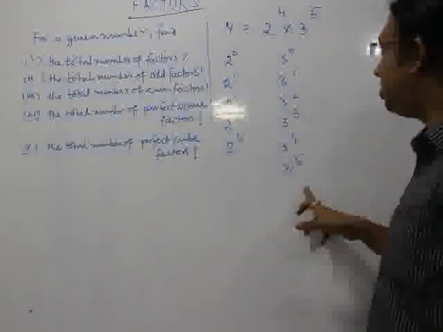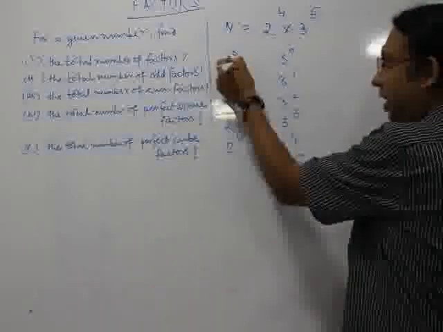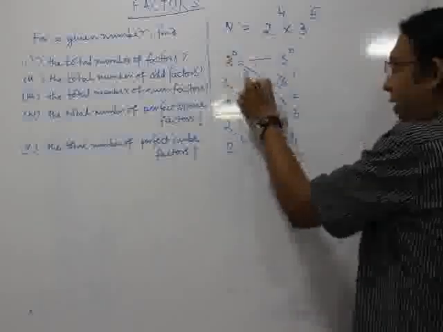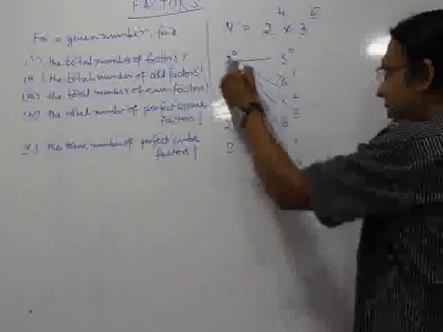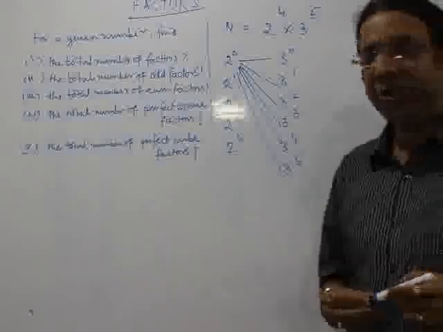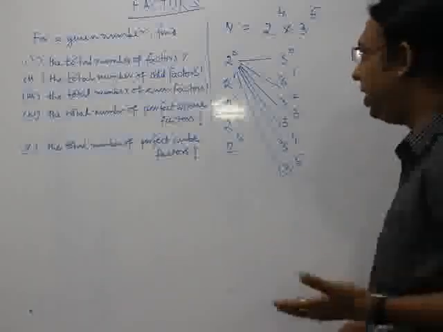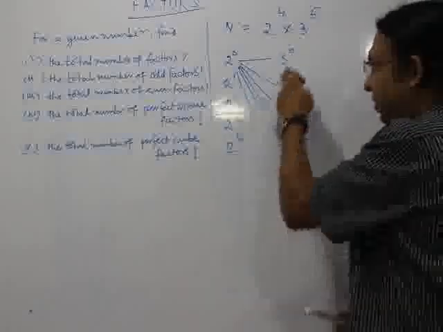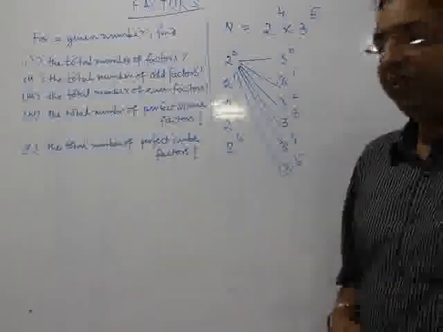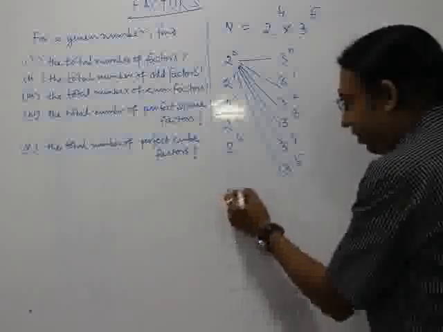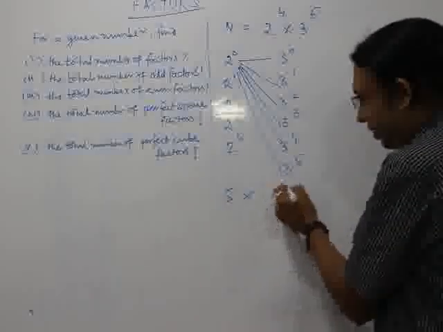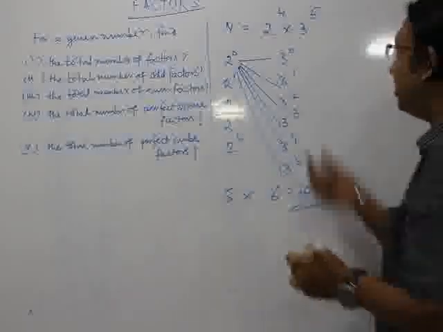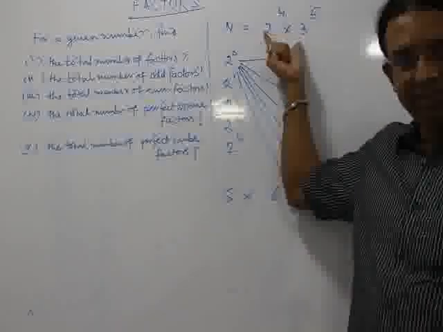And for 3 I have got 6. For every single power of 2 I can make 6 different combinations. So in all, how many combinations can I make? For this one 6, this one 6, this one 6, this one 6 and this one 6. So there will be altogether 5 into 6, which is 30 factors for this number.